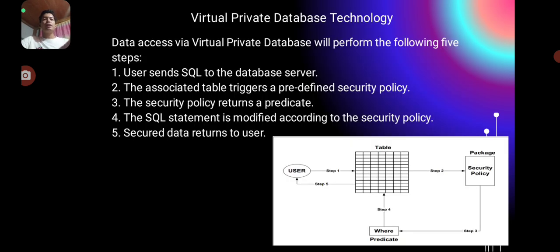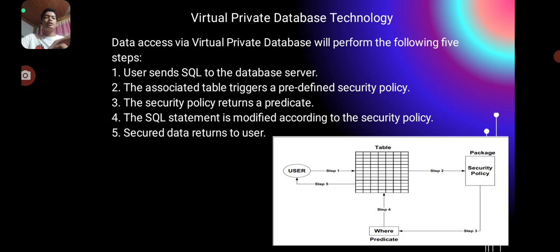Next, data access by a virtual private database will perform the following 5 steps. First, the user sends SQL to the database server. Next, the associated table triggers a predefined security policy. Next, the security policy returns a predicate.